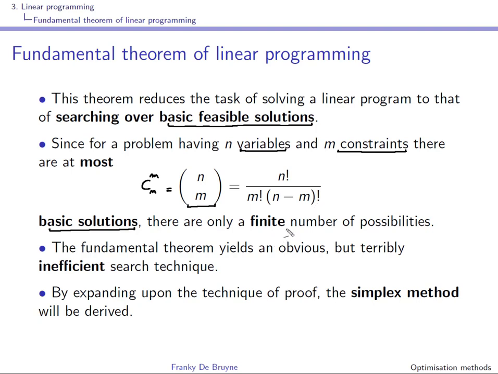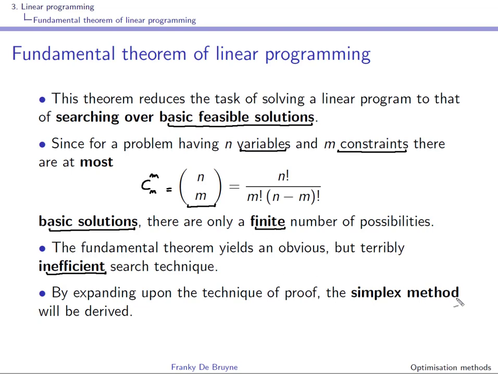So this leads to a finite number of basic solutions, right? Of course, if you have to go through all those basic solutions to find an optimal solution, this will be rather inefficient, because this number is finite, but it can be very high.